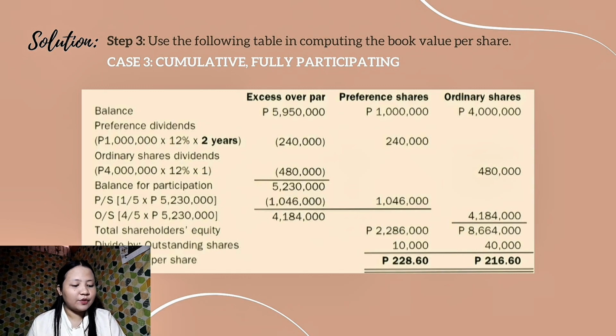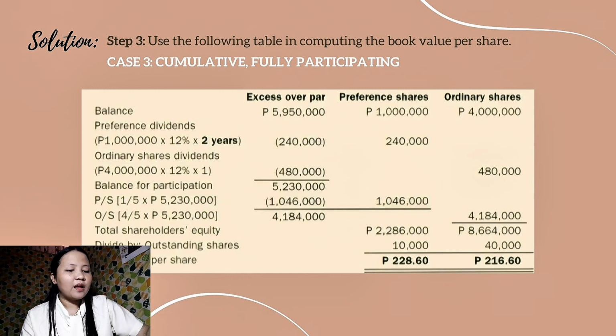If you notice, we now have ordinary share dividends, because inasmuch as the shares are fully participating, we also issue ordinary share dividends, for which the rate we use is equal to the rate of the preference dividends if no rate is given for ordinary shares. In our problem, nothing was given, so we will use the 12% fixed rate. So the 4 million total amount of shares outstanding we multiply by the 12% fixed rate, then multiply by 1 year.